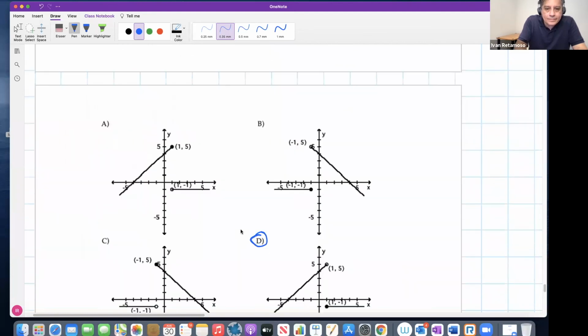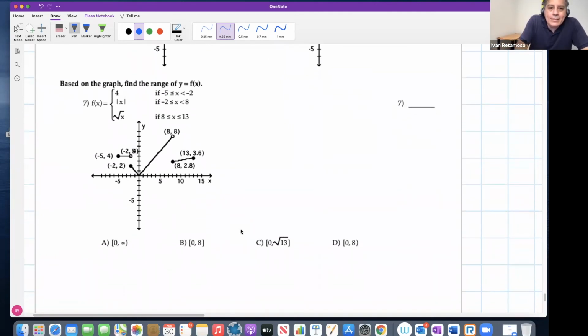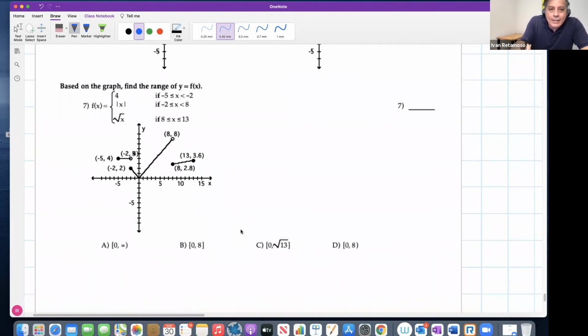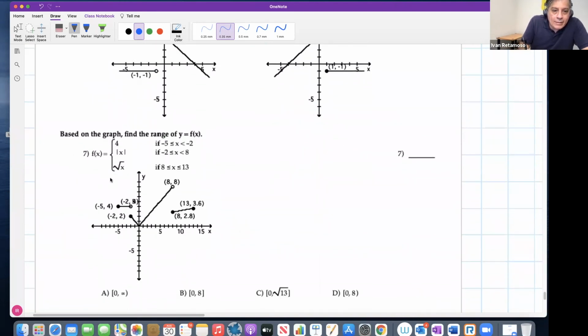Check that out. Now this one deals with domain and range. Based on the graph, find the range. Can you find the range using the technique that we used before? You have the graph. Maybe we should do it quickly so we can move on with the next part.